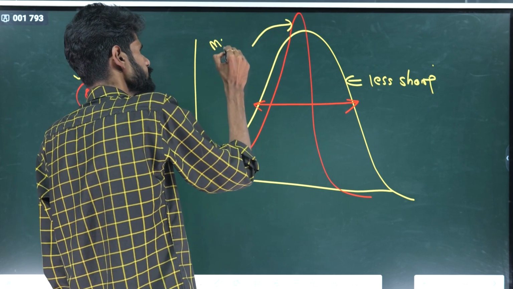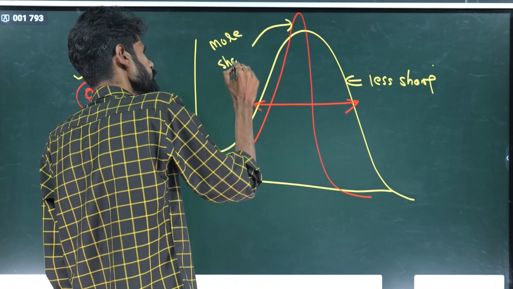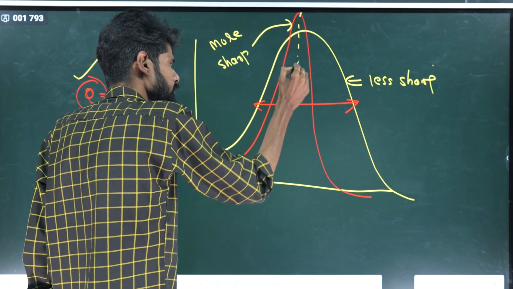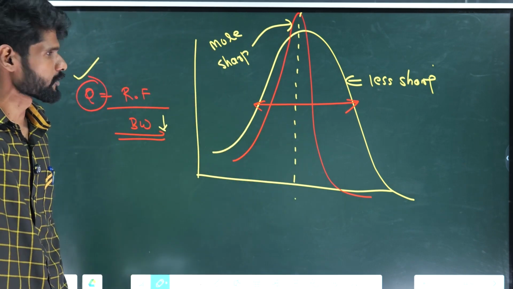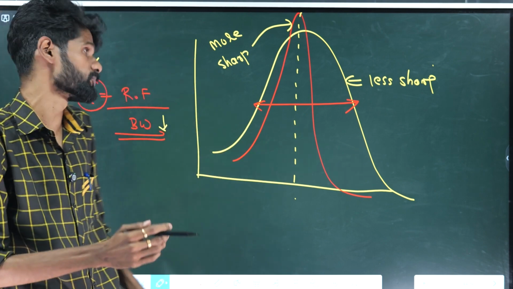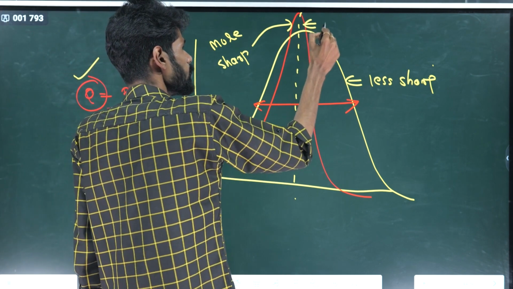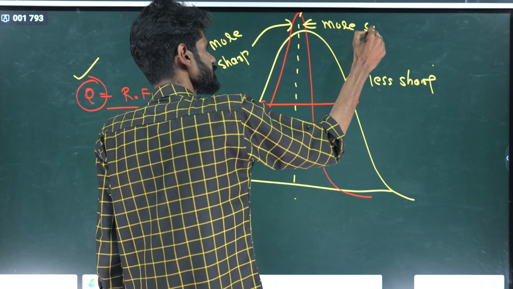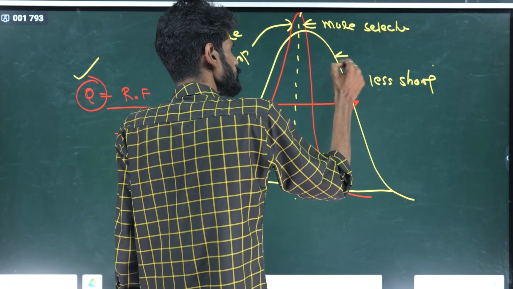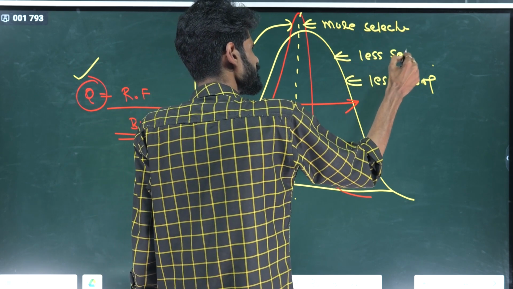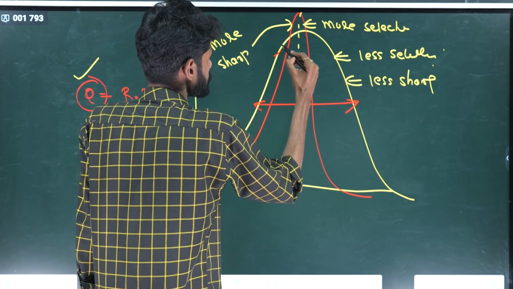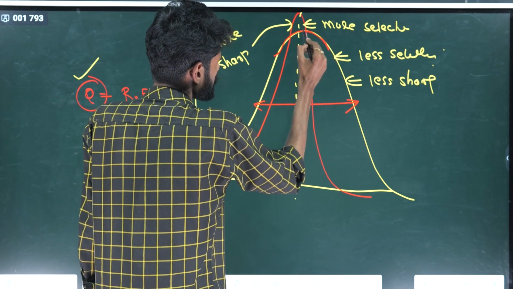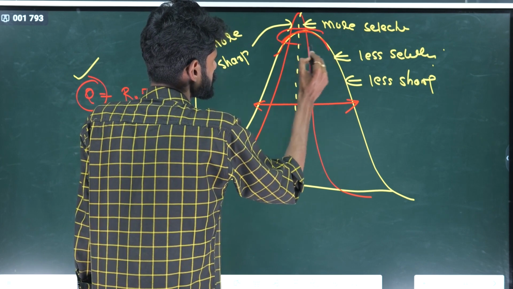Now, more sharp means the circuit is more selective. So the quality factor also indicates the selectivity of the circuit. Here this one is more selective, and this curve is less selective. Less selective means it is very difficult to select the resonant frequency, as the circuit is close to resonance for a large range of frequencies.